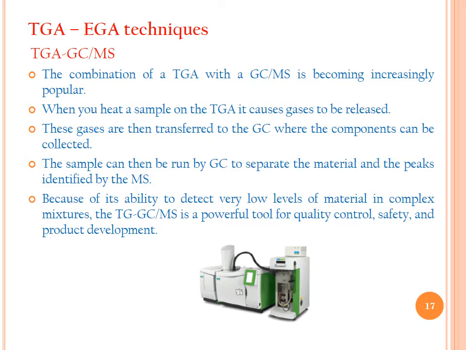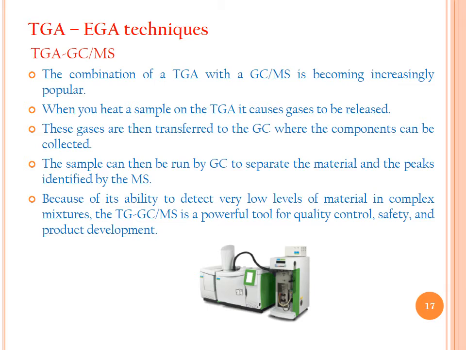Gas chromatography is connected with various types of detector, like electrochemical detector, electron capture detector, FID, that is the flame ionization detector, and MS, the mass spectrometer. But among all the detectors, MS works efficiently and is sensitive enough to determine the contents in very low concentration.